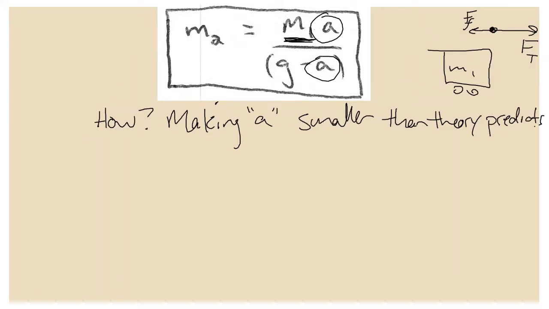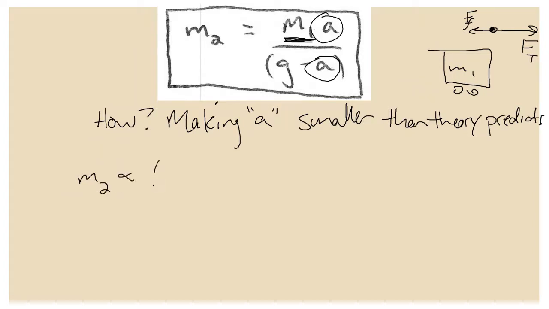And so the big question that we have to answer now is, how is the fact that A is going to be smaller going to affect M2? And if you go through each part of the equation, it's actually pretty interesting the way that works out.